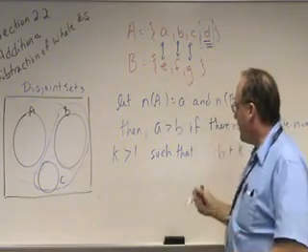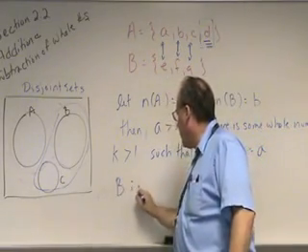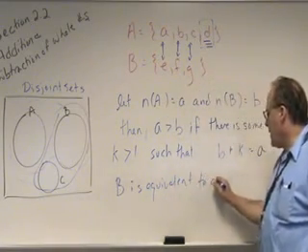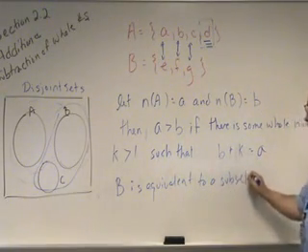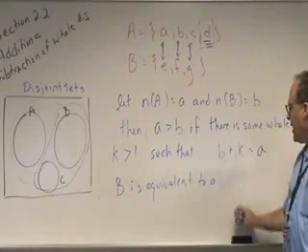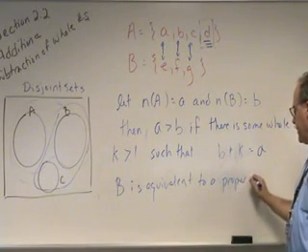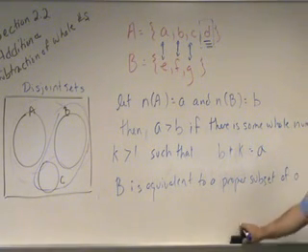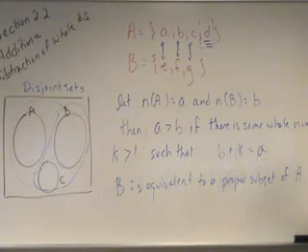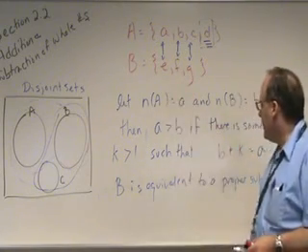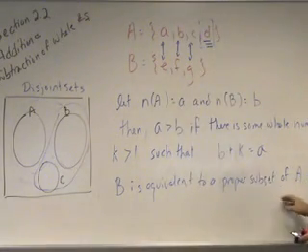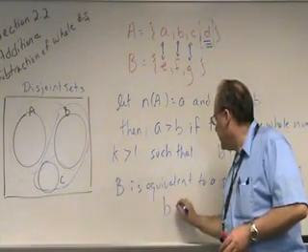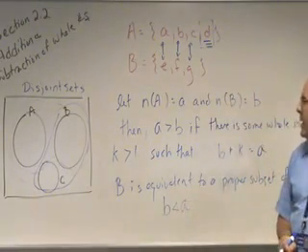B is equivalent to a subset, in fact, not just a subset, a proper subset of A. So when I see that set B is equivalent to some proper subset of A, I know that B is less than A.